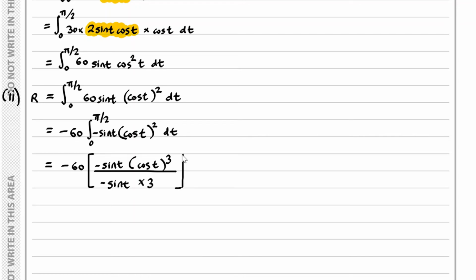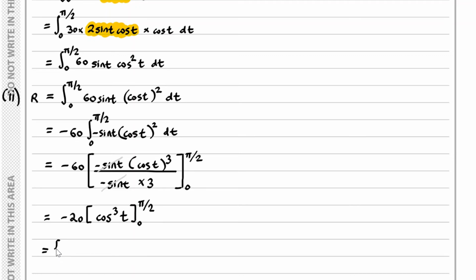And we wish to evaluate this between 0 and pi over 2. And of course, the minus sine t's cancel on both sides. Minus 60 divided by 3, that's minus 20. So what we have over here is minus 20 lots of cos cubed t, and we wish to evaluate this in between 0 and pi over 2.